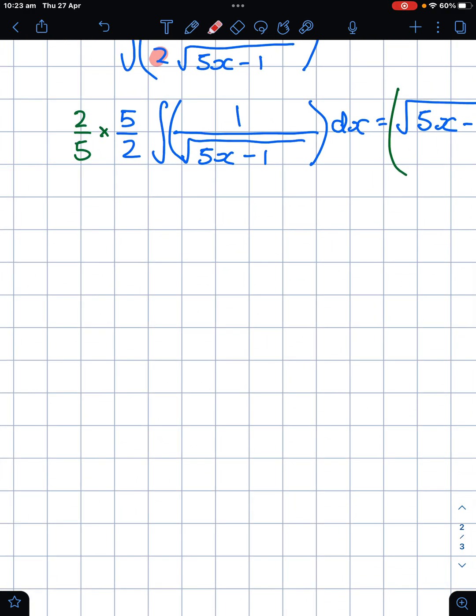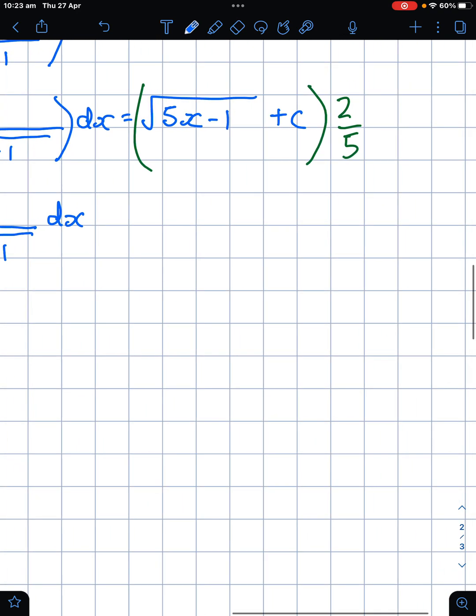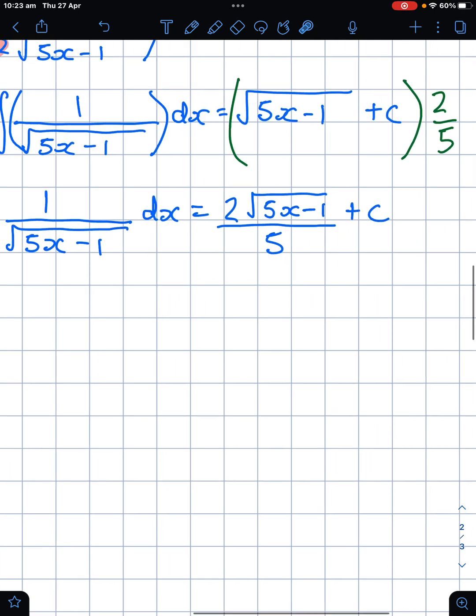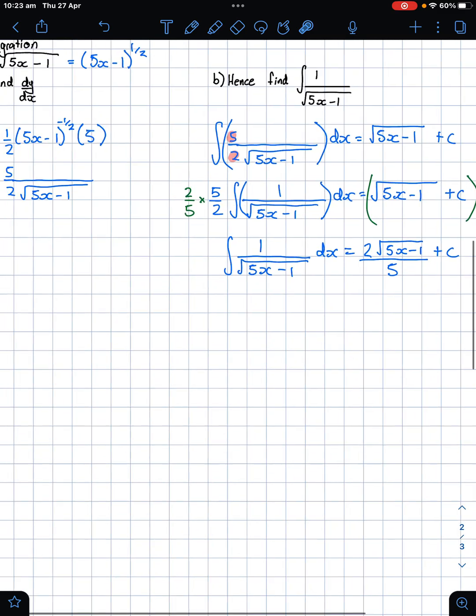So that means my next line here, I've got the integral of 1 over square root 5x take 1 with respect to x is going to be equal to 2 root 5x take 1 all over 5 plus c. Now, I would multiply this in, but because we don't know what the c is and we're not really fussed, it's just an arbitrary constant. It's just saying that we're adding or taking a value from it. That's fine, and that is our solution there. All right, thanks, guys.